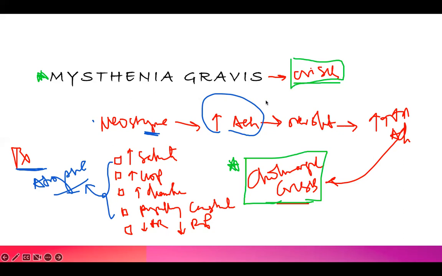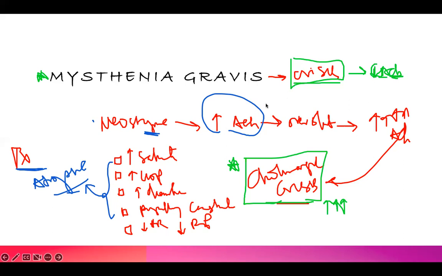In myasthenia gravis crisis, the acetylcholine is not binding, so there is a decreased amount binding to the receptor. In cholinergic crisis, there's too much of it. It's not that it's decreased, it's just not binding to the receptor in myasthenia gravis. So if you increase the level, it will improve.